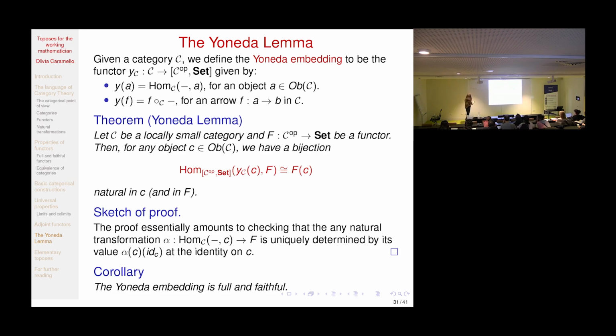So this functor assigns to any object of C the corresponding representable functor. So it is a contravariant representable functor because we want to get a presheaf.